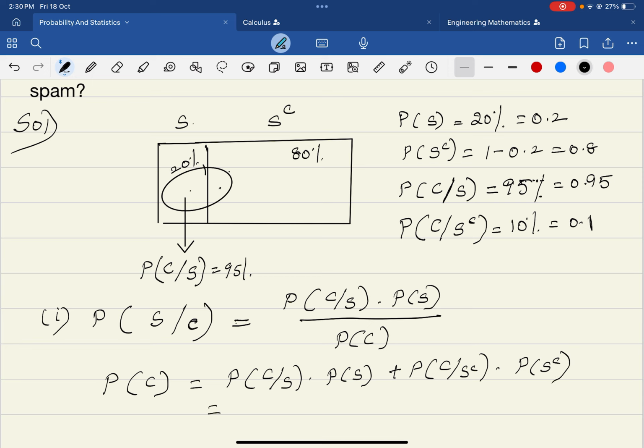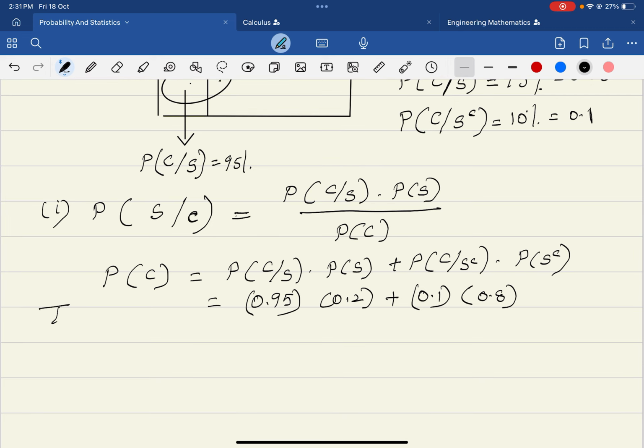P of C given S is 0.95. P of S is 0.2. P of C given S complement is 0.1. And P of S complement is 0.8. So this is the total probability.